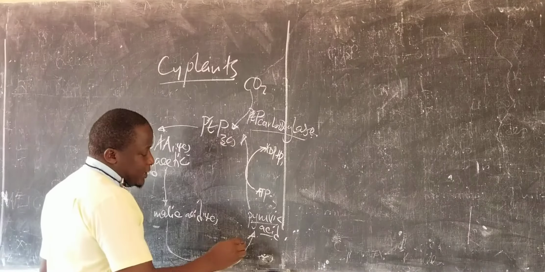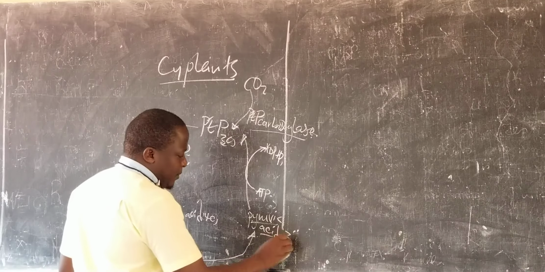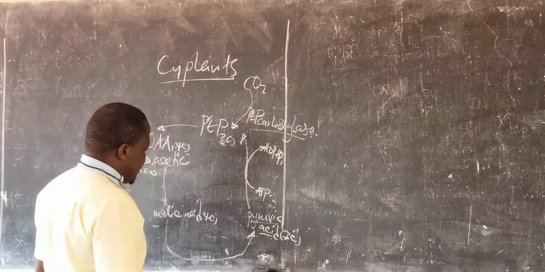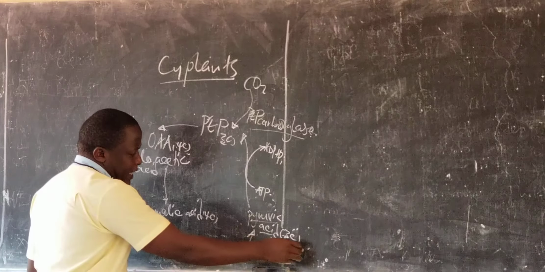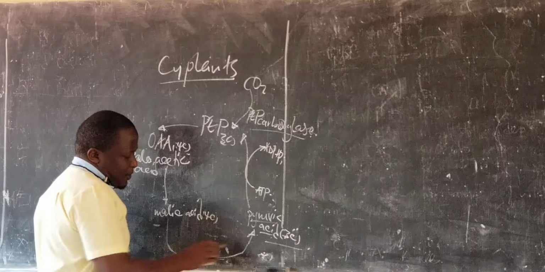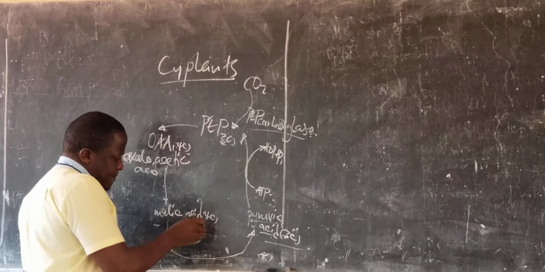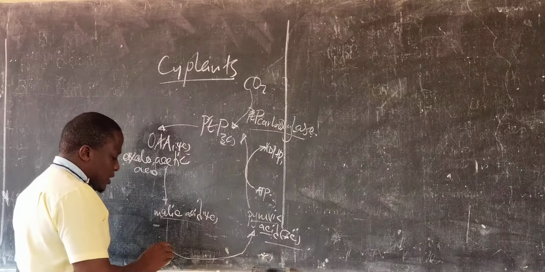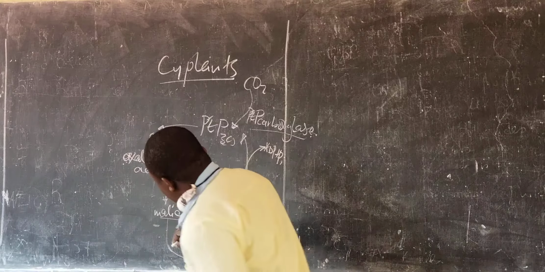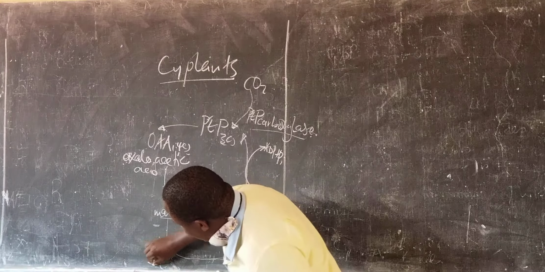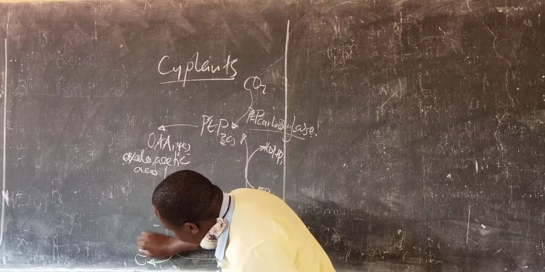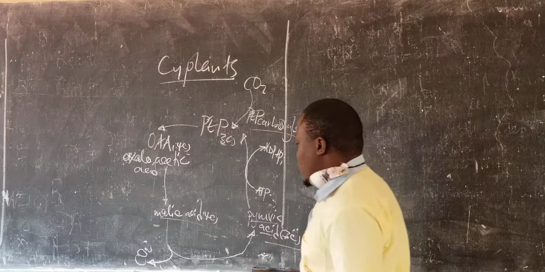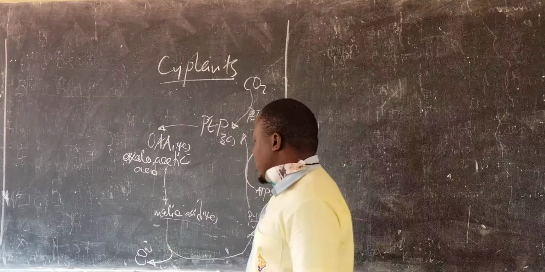Take note that pyruvic acid has 3 carbon atoms, while the malic acid has 4 carbon atoms. It is an indicator that carbon dioxide is released out of this reaction.